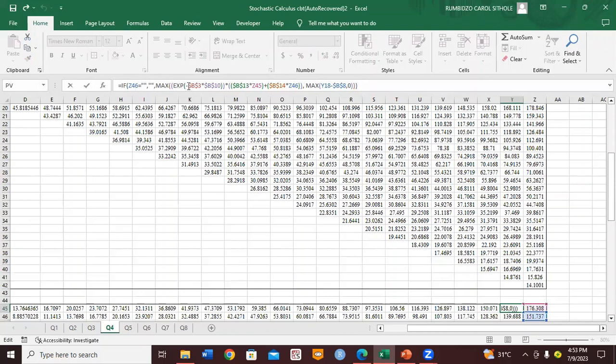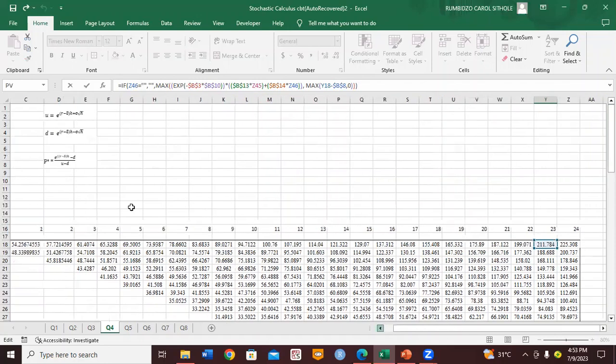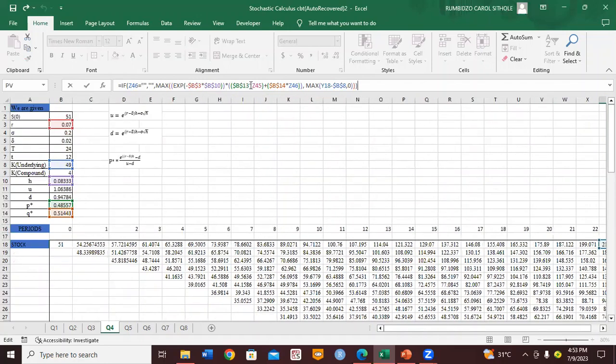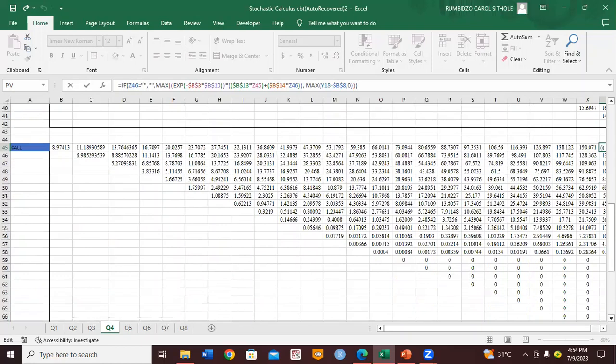But if not, we'll get the maximum of B3, which is our R, multiplied by B10, which is our H, and it will continue to multiply our P by Z45, and this one is our Q, for the period 23, because now we are looking at period 23, minus the strike price of the underlying option. After this, you click enter, and it will calculate for you.